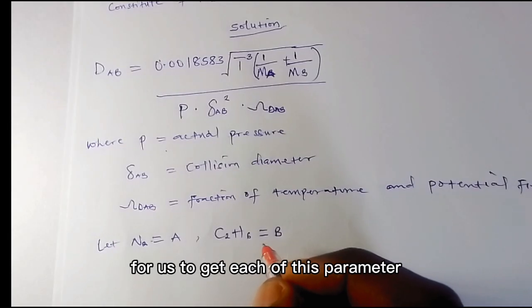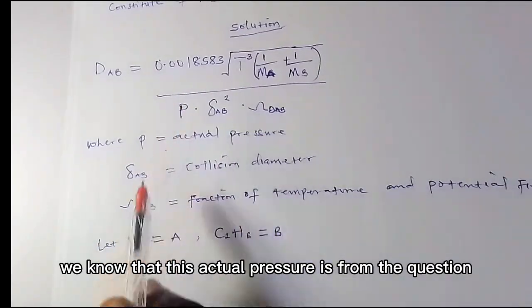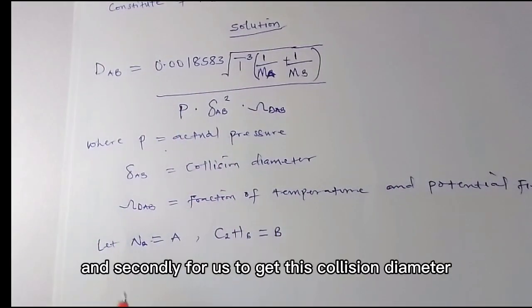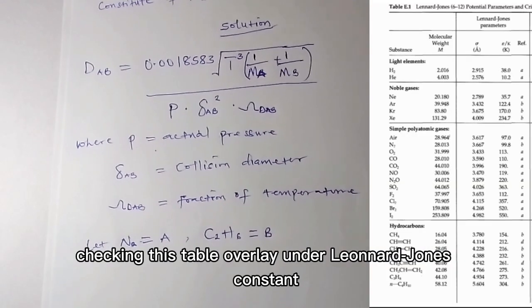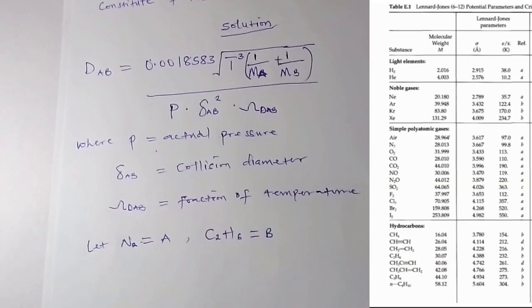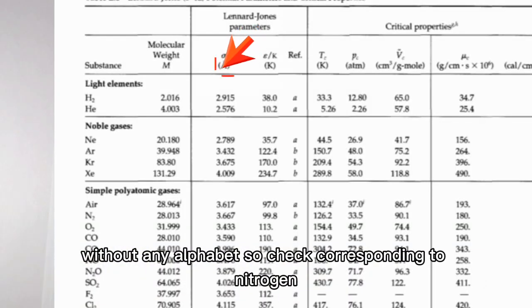For us to get each of these parameters, we know that this actual pressure is from the question. And secondly, for us to get this collision diameter, we check this table under the Lennard-Jones constants.